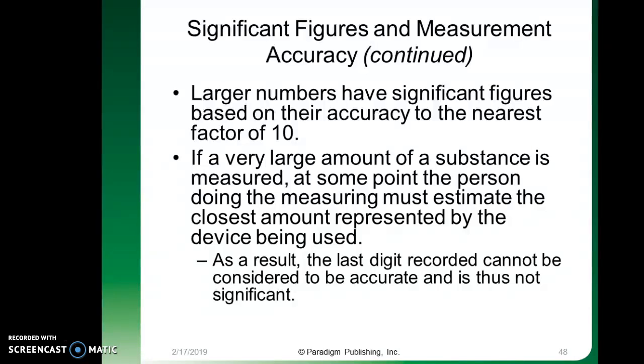Some of those scales are accurate to the 10th place or the 100th place. So if you have any more digits beyond the 10th place, or the 100th place, they're not considered significant anymore. As a result, the last digit recorded cannot be considered to be accurate and thus is not significant. Okay.